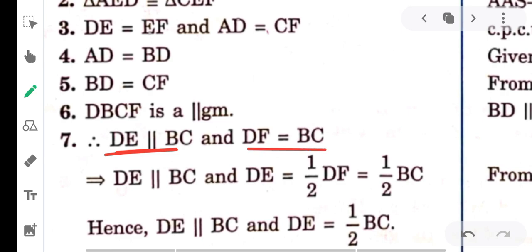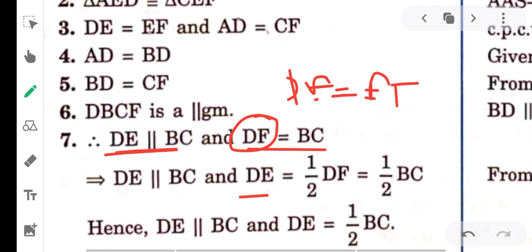Clear? Now half of DF equals DE, because we have already proved that DE equals EF. So half of DF equals DE, that is equal to half of BC.